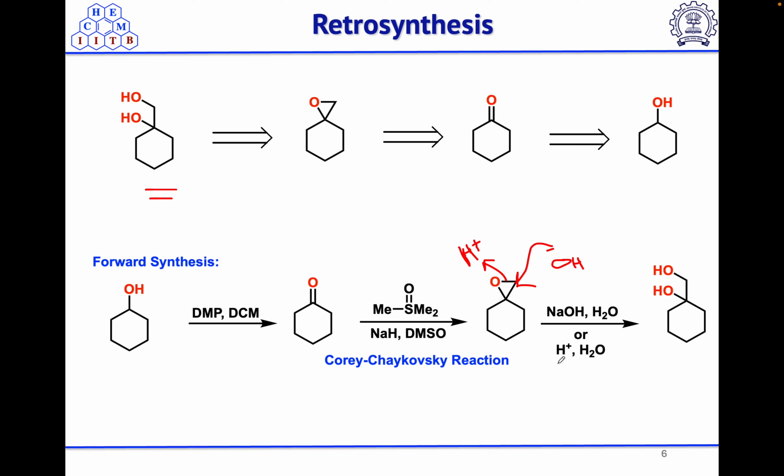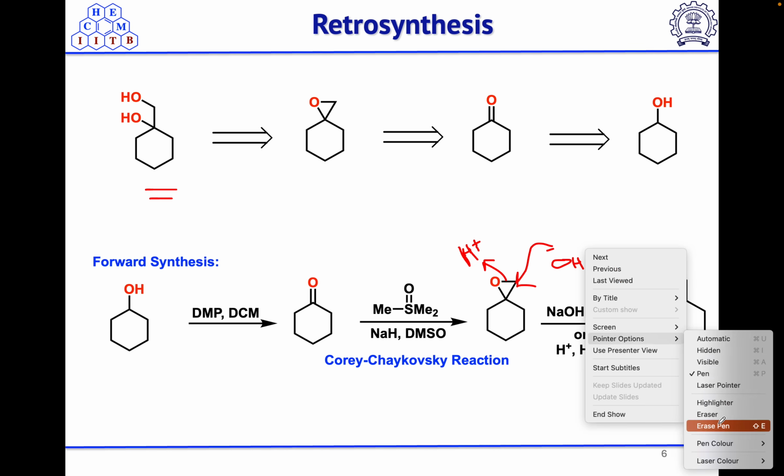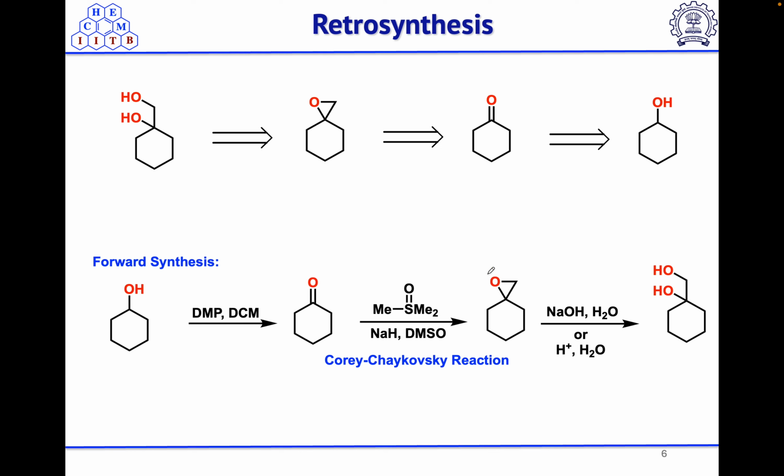If you want to carry out acid mediated epoxide ring opening, you have to treat with H plus, right? This oxygen lone pair will first catch H plus, so it will become this O plus, with this OH.